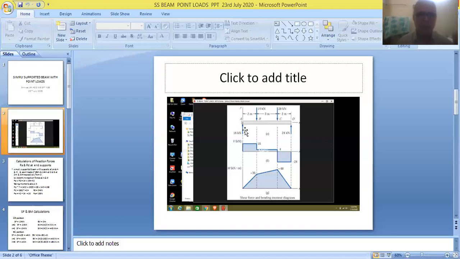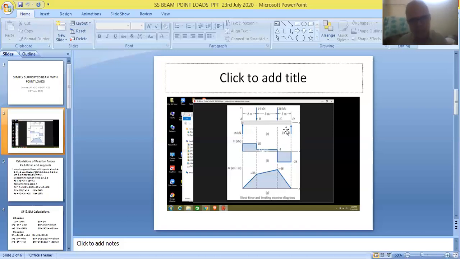And finally, you come over to the AB portion. Again, consider a section XX at a distance of a small x from the right end of the beam, and prepare SF and BM equations. Very useful for calculating the values pertaining to this portion.